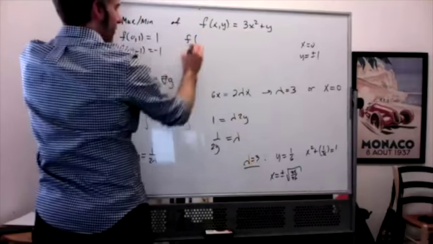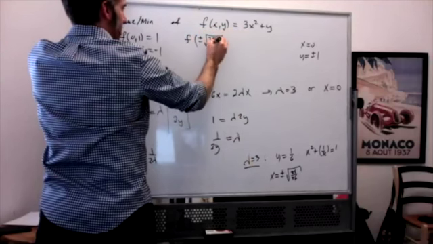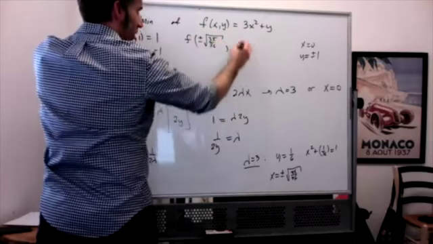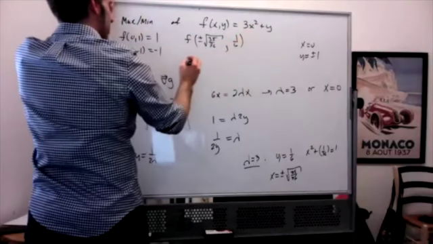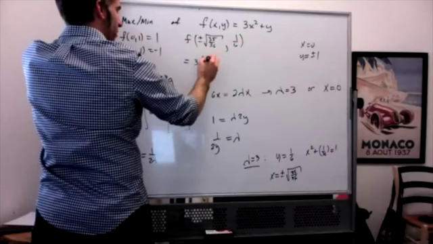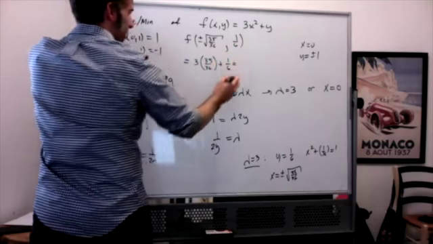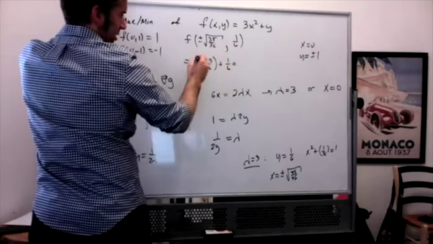it out. So f of plus or minus the square root of 35 over 36, comma 1/6 is going to give us 3 times 35 over 36 plus 1/6, which is, let's see, that cancels there.